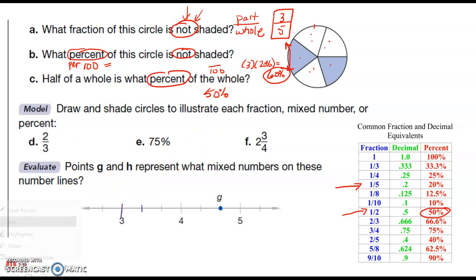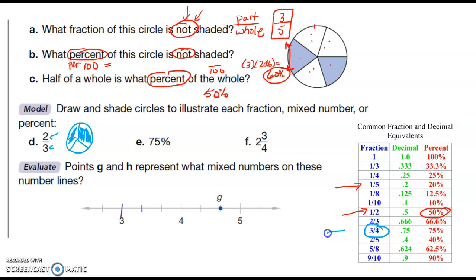Okay, let's change colors, and it says draw and shade circles to illustrate each fraction, mixed number, or percent. So let's see. I have a circle and it's going to have 3 total parts, and then 2 of those parts are going to be shaded. Okay? And then here I have 75%. Let's see if I can find out what that is as a fraction.